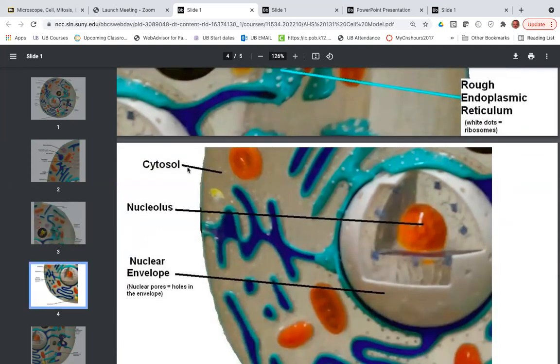Here is the clear liquid called the cytosol. The orange part is the nucleolus. The clear translucent part is the nucleus. The white part is the nuclear envelope with the nuclear pores within it.